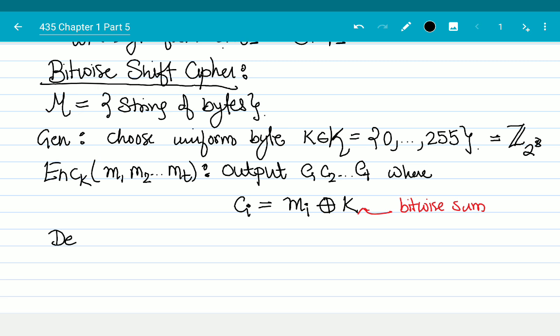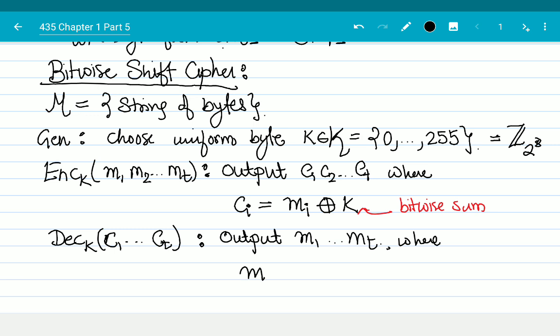And then the decryption of this key, decryption of C1 through CT, you want it to be your exact message that you started with, M1 through MT, but how do you get it? Mi is actually just Ci sum K. You just use modular sum again and it cancels out.